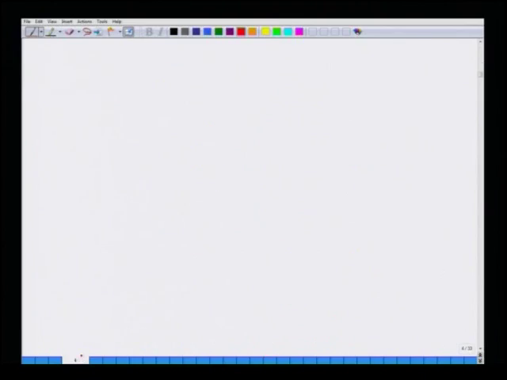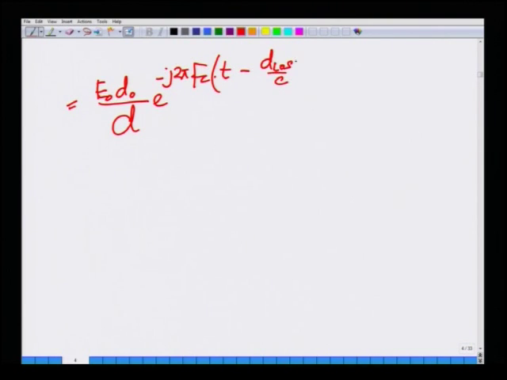And this I am going to simply write as follows. This is E naught D naught by D e power minus j 2 pi f c t minus d LOS by C into 1 minus e power j 2 pi, and delta d over c over f c is nothing but lambda, hence I can write this as delta d over lambda.